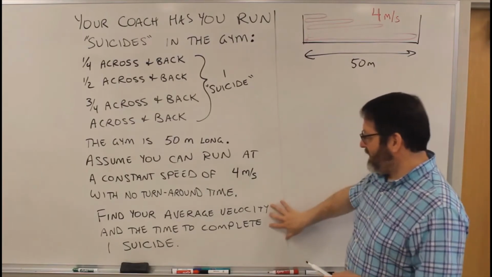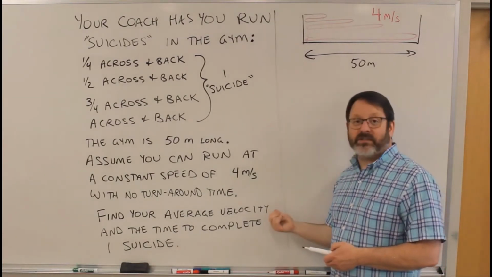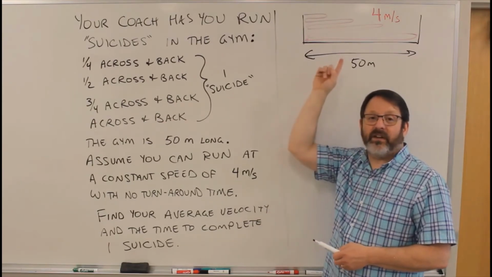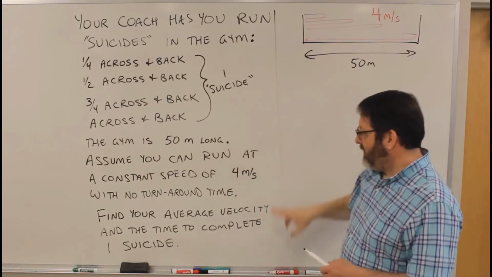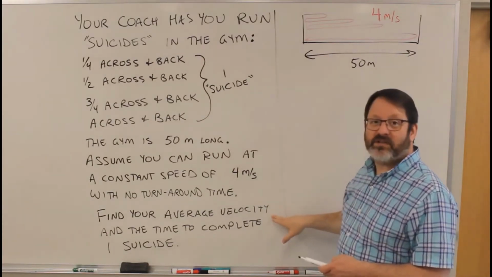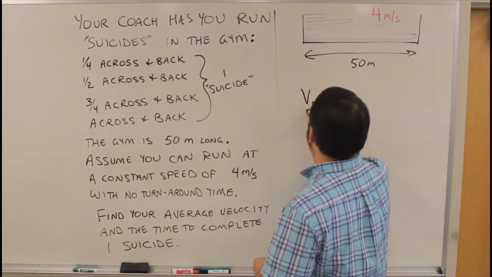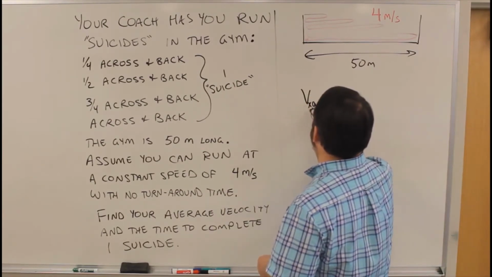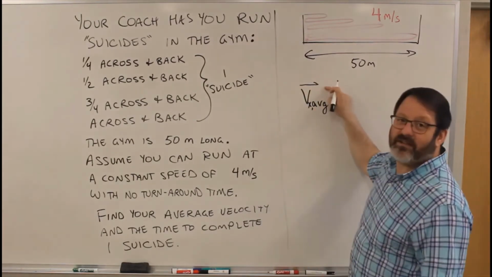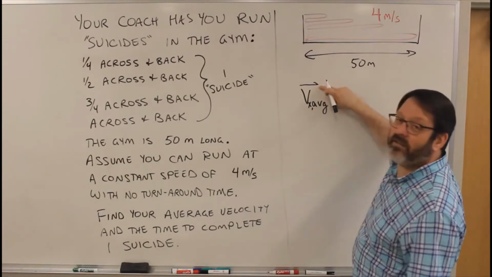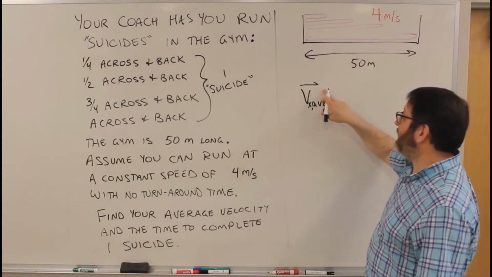Find your average velocity. This is a really simple question. And this looks like a very complicated description and a complicated diagram. Do you see why this is a very simple question? Average velocity, so your Vx average, and I'm going to draw a vector symbol on top of it so I remember that I'm talking about velocity and not speed.